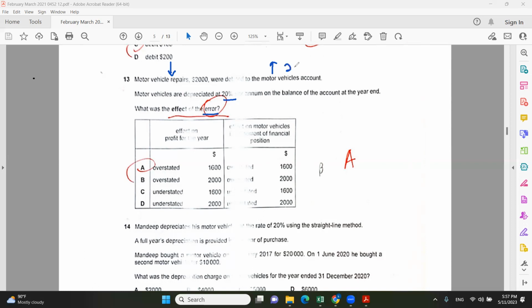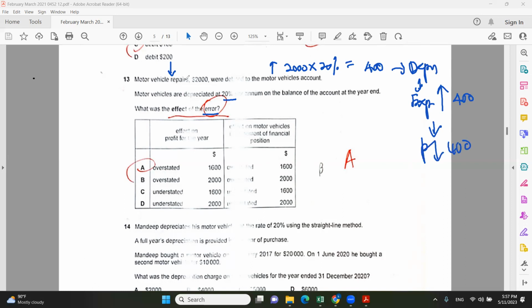When we charge 2000 into here, I have to multiply by 20% depreciation, so I get 400. This depreciation you charge to the expenses. Expenses were increased by 400. When expenses increase by 400, profit decreases by 400. Then this one is the omission.